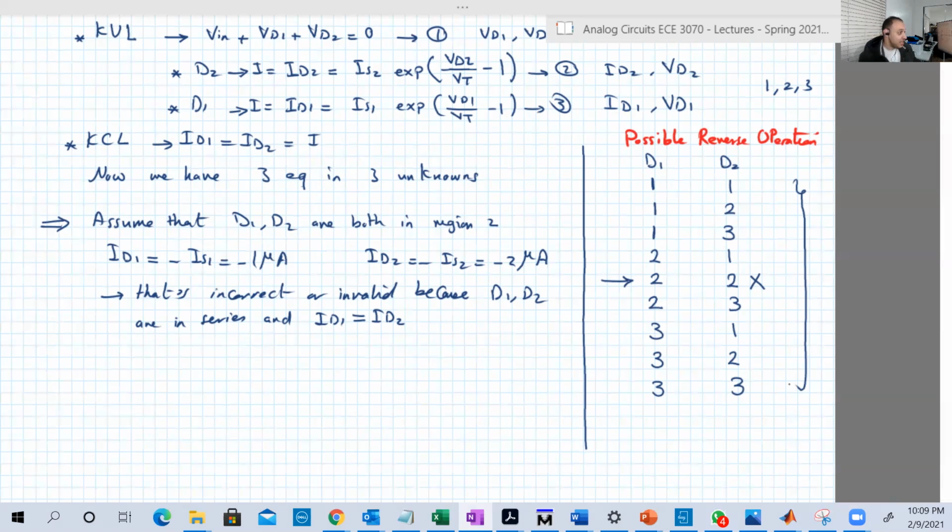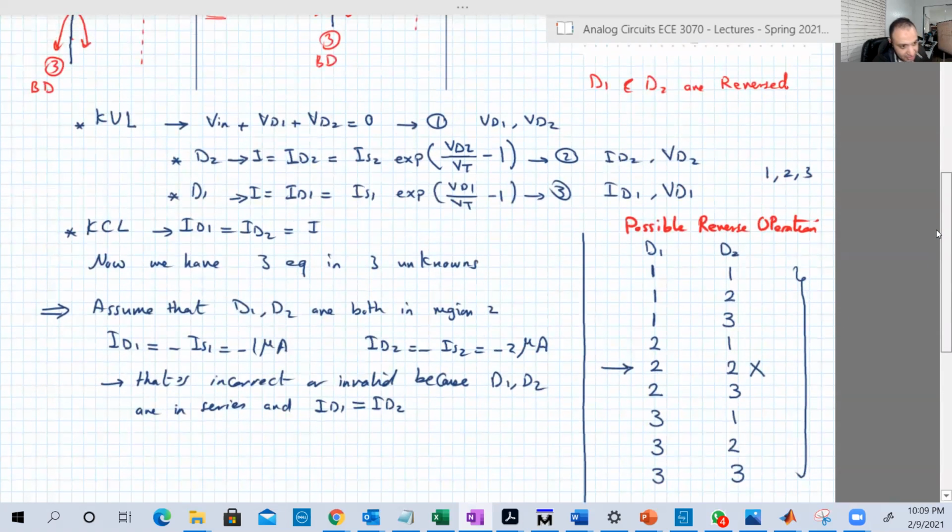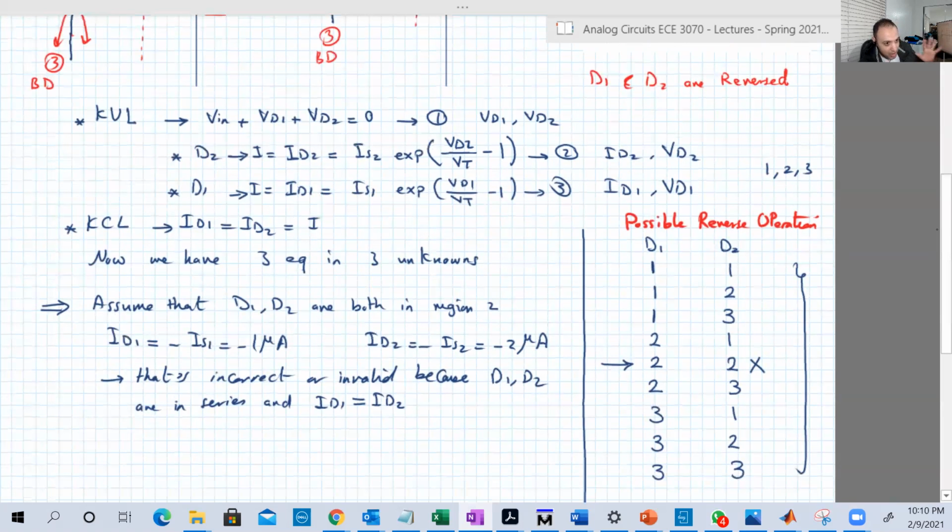So let's go back here to our circuit and see which of these are right or close to right. We're going to assume one of them, then go with the solution.